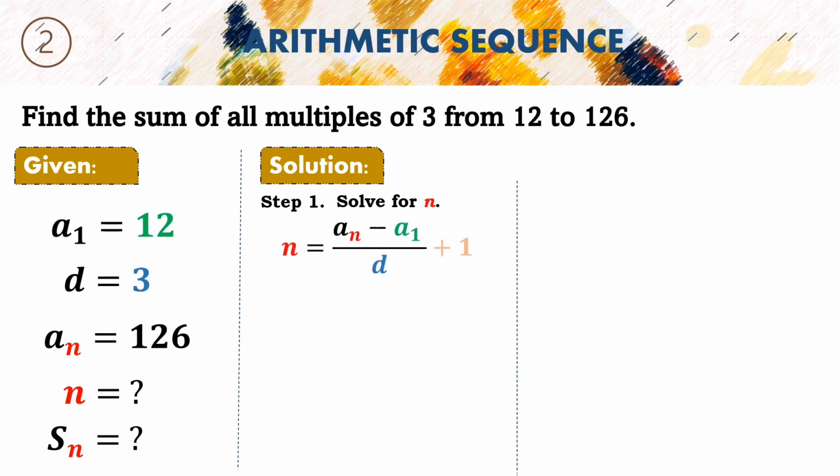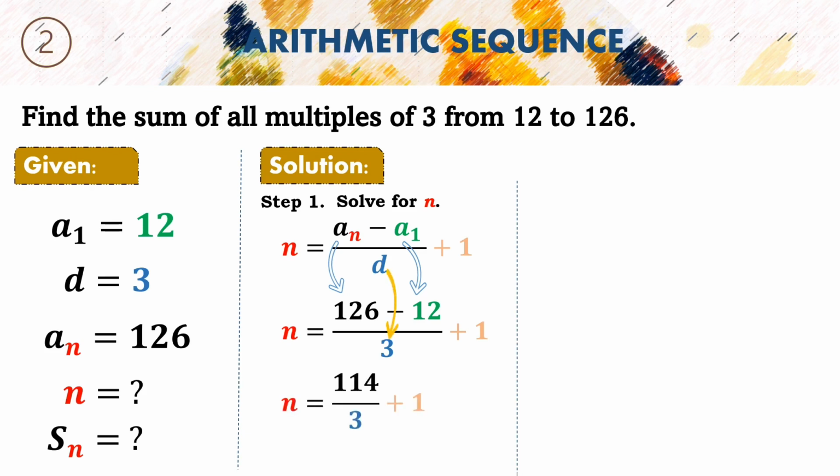N is equal to a sub n minus a sub 1 all over d plus 1. Substituting the given. A sub n, last term, 126. First term, 12. D is 3. Then n is equal to 114 over 3 plus 1. Therefore, n is 39.